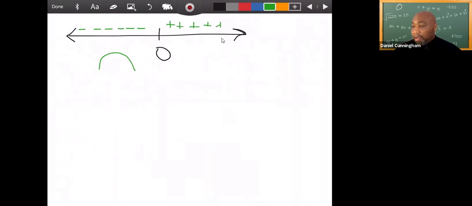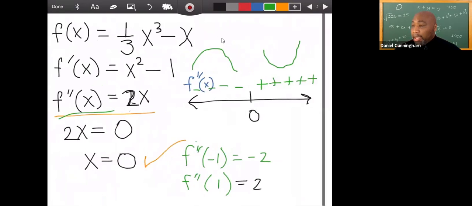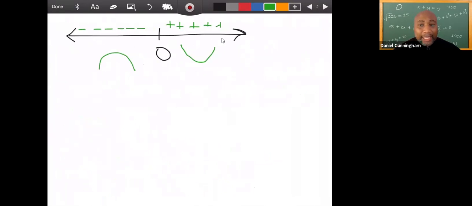This is concave upward. Now, in our case, there's something happening at 0, and 0 is actually an inflection point. Those critical values that we have for the second derivative will give us those inflection points. We'll talk about that later. We're not going to talk about that now, but at least put that in the back of your mind.